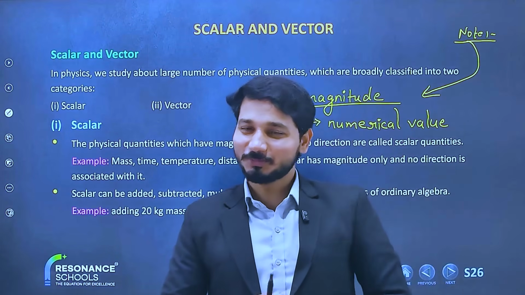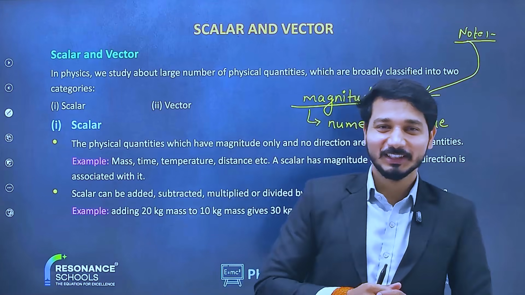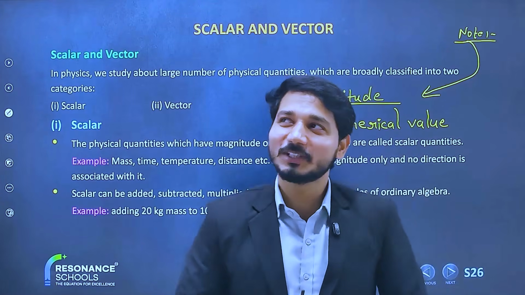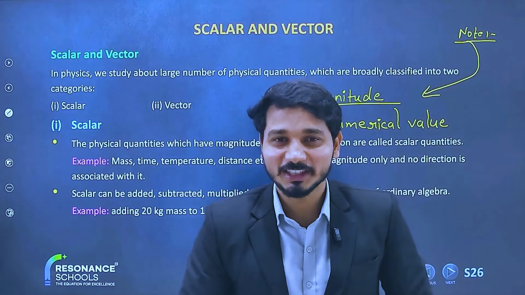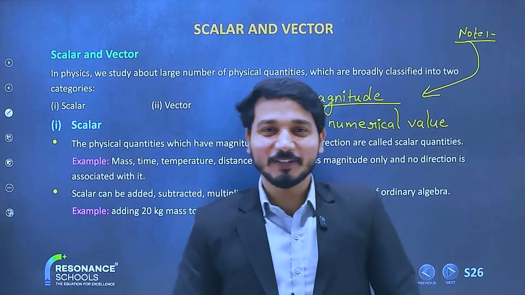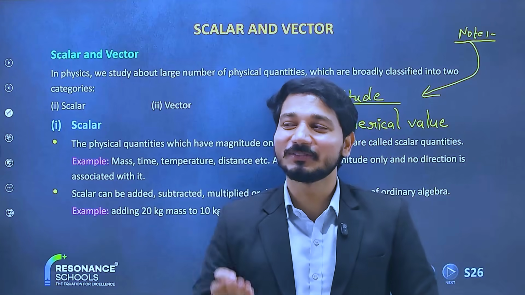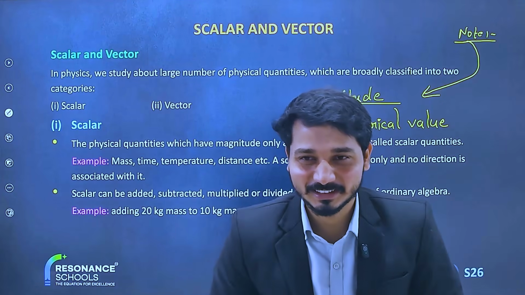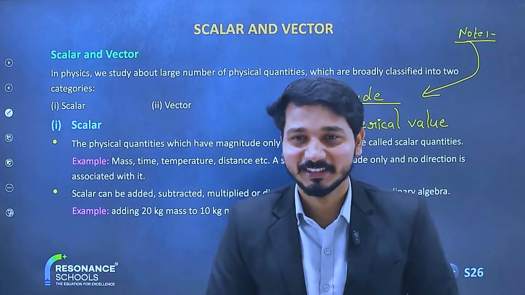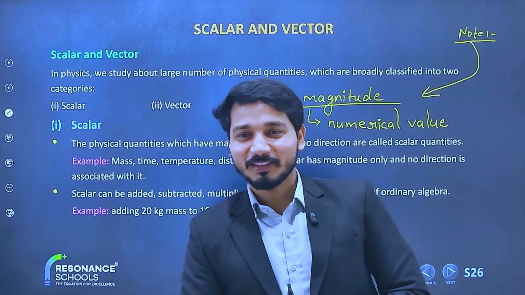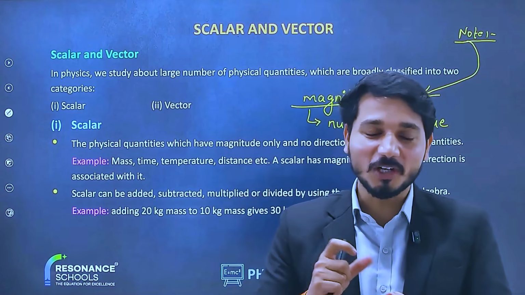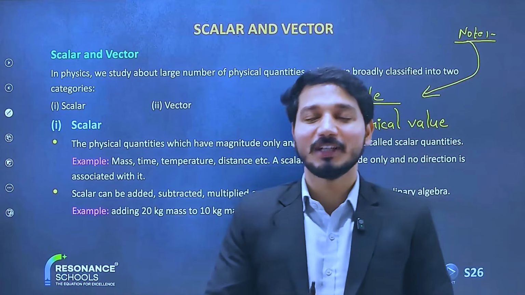Similarly, time. Suppose your mom asks, "Beta, what is the time?" Did you ever tell, "Mom, it's 8:52 towards north or above north"? Have you ever told that? No, na? So we are not mentioning the direction of any physical quantity.